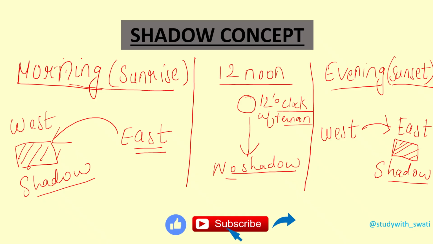At morning time, sun rises in the east, so its shadow will be in the west. At evening time, sun sets in the west, so its shadow will be in the east. At afternoon 12 o'clock, there will be no shadow. So this is the concept you need to remember.